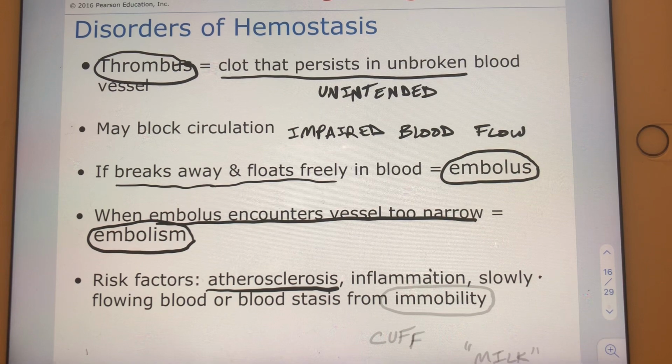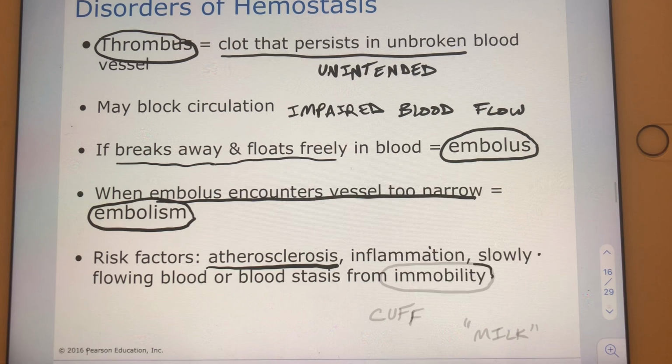Sluggish blood is a risk factor, well, really for so many things. And one reason why we might feature sluggish blood, obviously, is a change in viscosity, but also if we have a patient who's immobile for an extended period of time, then the blood could pool, at least in certain regions of the body.